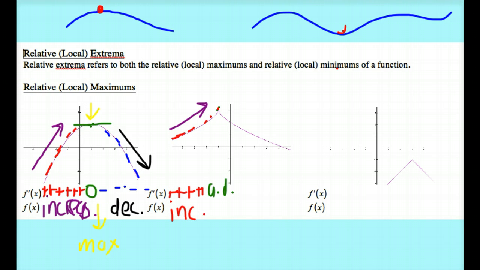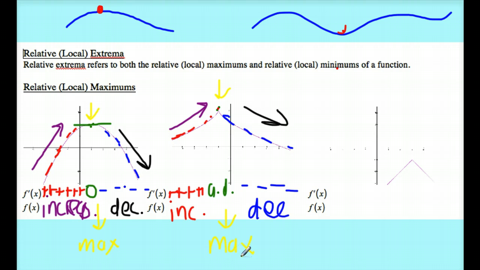If I take a look at the other side, right here, the slope of my line is going downwards. And so that gives us a negative slope, which means I am decreasing. So once again, if I'm increasing and if I'm decreasing, what does this point have to be on the graph? Good, it has to be a maximum.